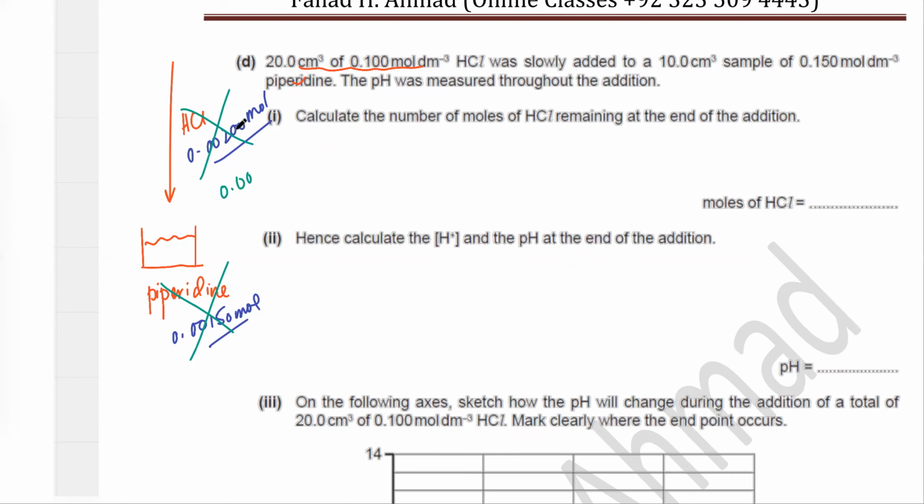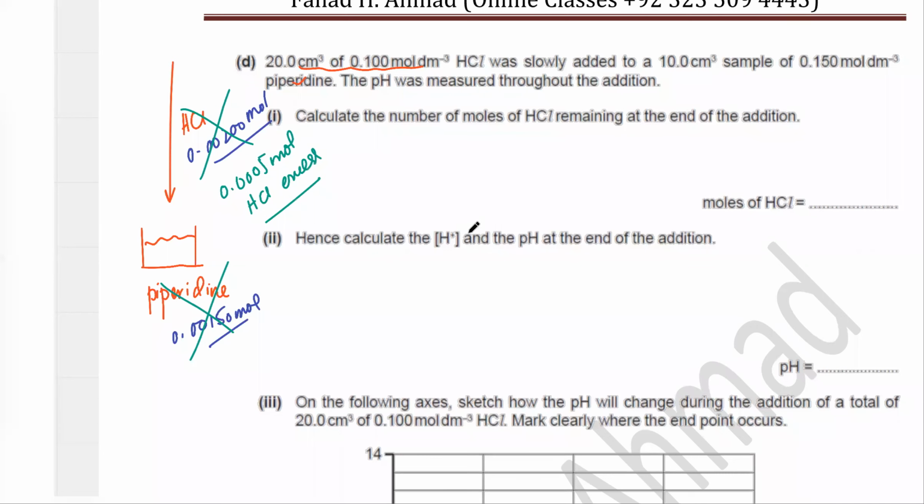Once you've done the titration and added the HCl, 0.0005 moles of HCl are still present in excess. That's the end point. So that's the situation right at the end.